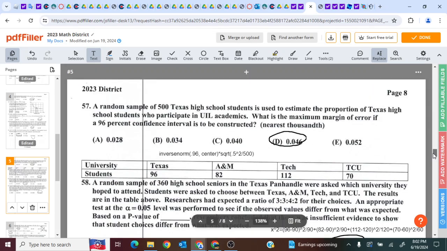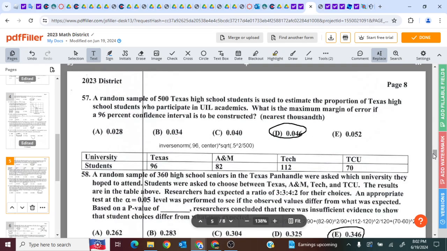57, skipping again because the test download we have online is weird. But anyway, a random sample of 500 Texas high school students is used to estimate the proportion of Texas high school students who participate in UIL academics. What is the maximum margin of error of a 96% confidence interval?